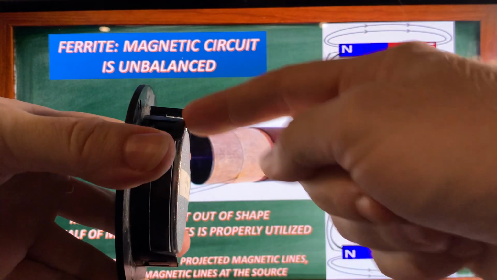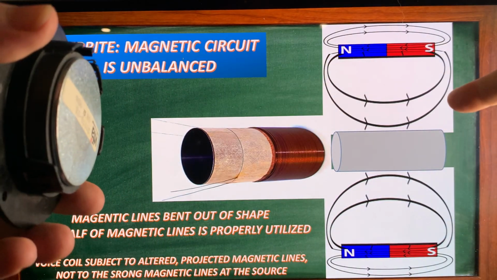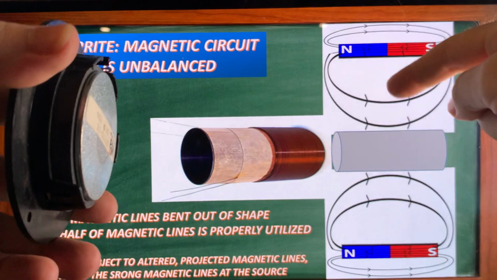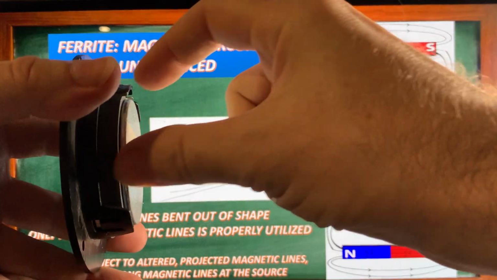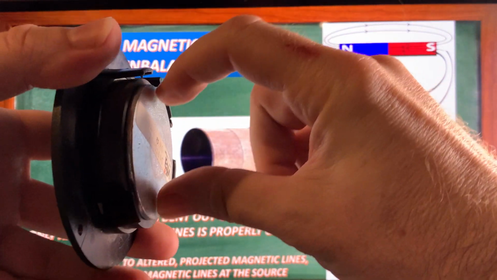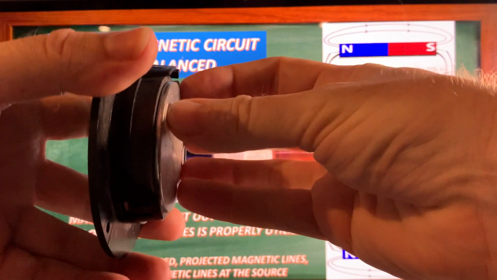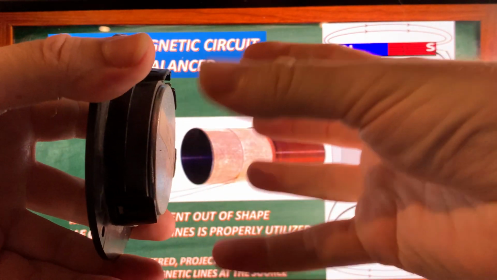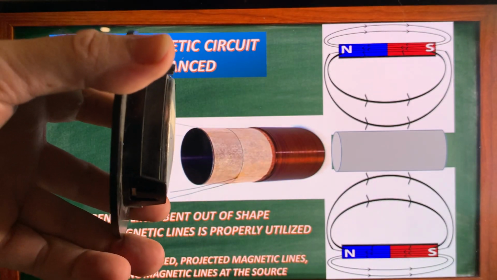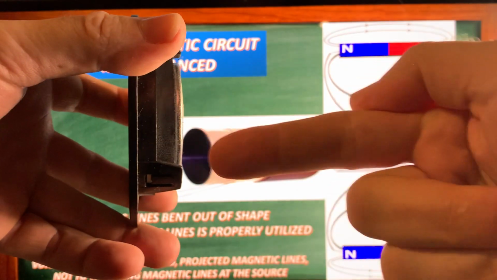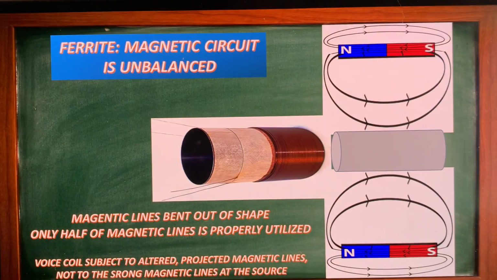So this is the ferrite magnet, and on the inside, you see, all the magnetic lines are collected, stored inside your driver, so that will make the strong magnetic field against which your voice coil can move back and forth.